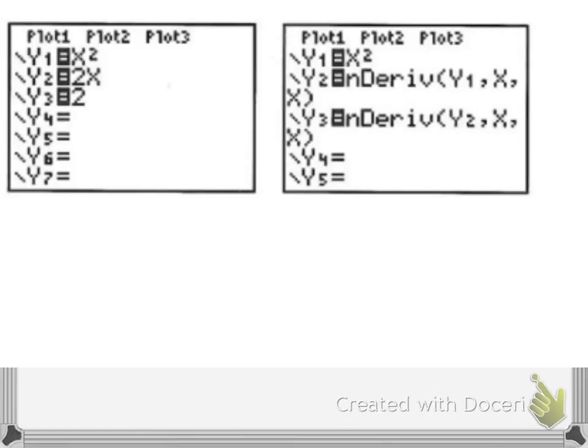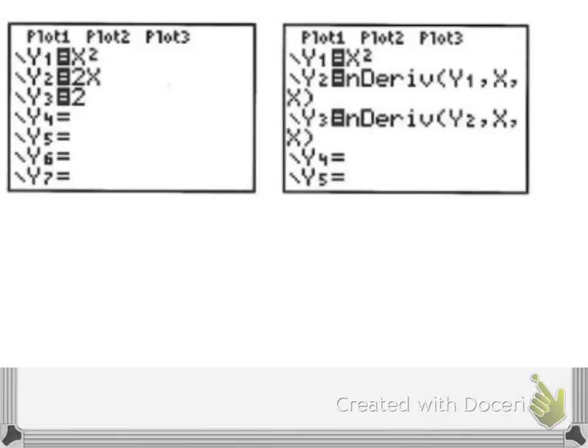Okay, this little feature on your calculator is going to be an important thing for you because we will eventually start looking at graphs that have the derivative of a function as well as perhaps a second derivative. So there are two ways to do this on your graphing calculator.